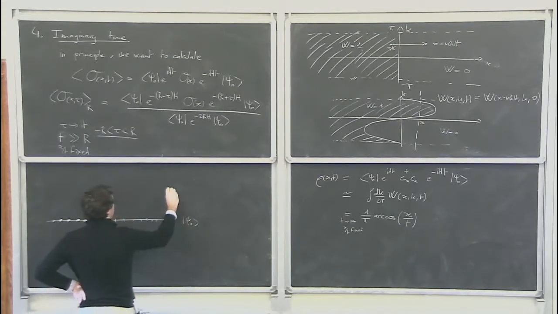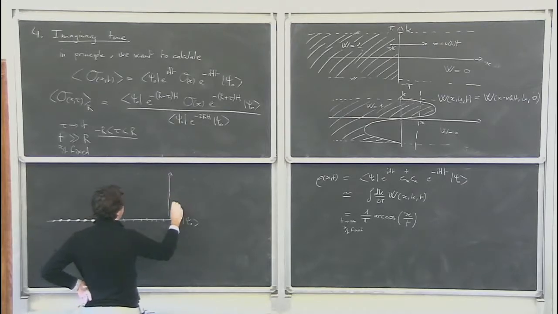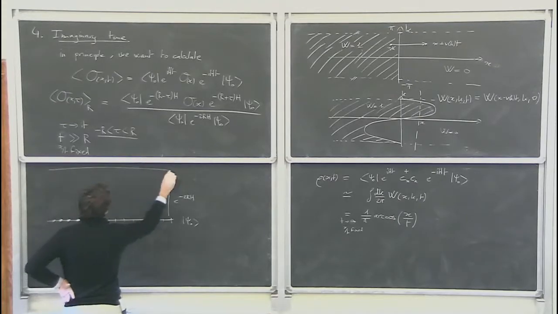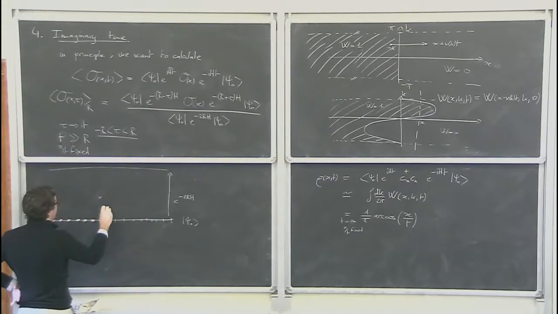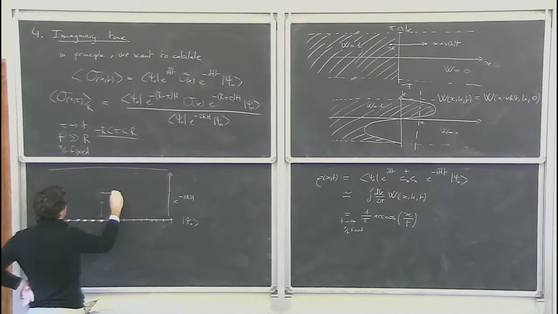Then we evolve it in imaginary time, and we insert some observable here. My axes now are like this: this is x, this is tau.